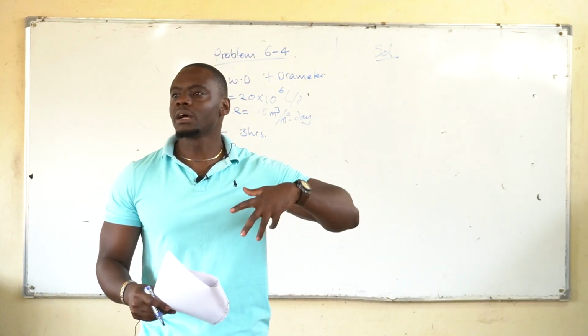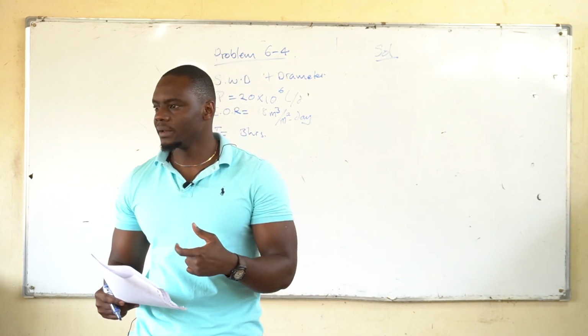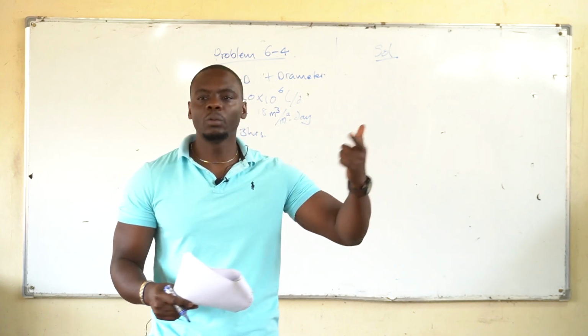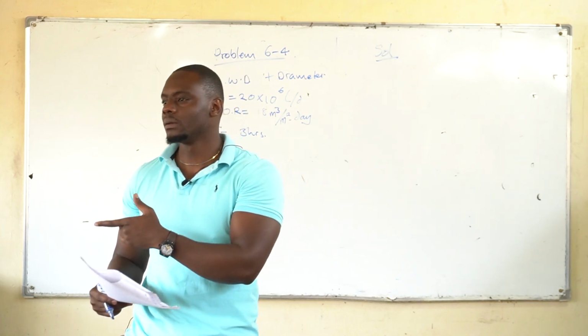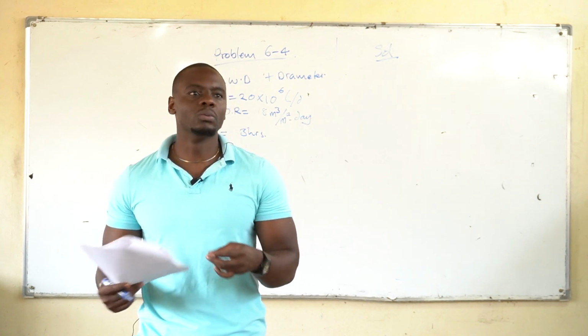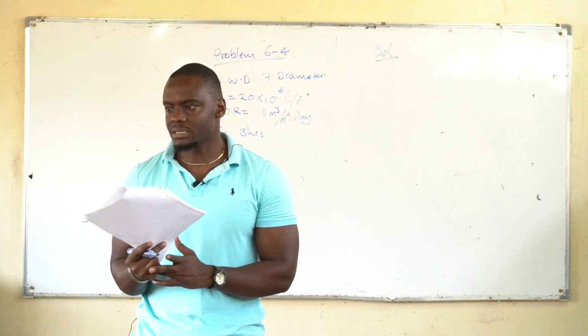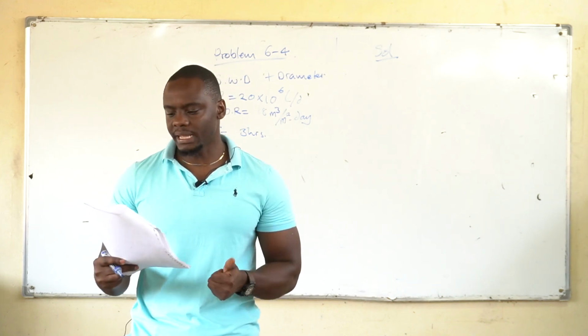But usually at the level at which we are, we always talk about the SI units, right? So if it's a liter, find a way of converting it to a cubic meter, because volume ideally should be measured in cubic meters, and we know how to convert that.